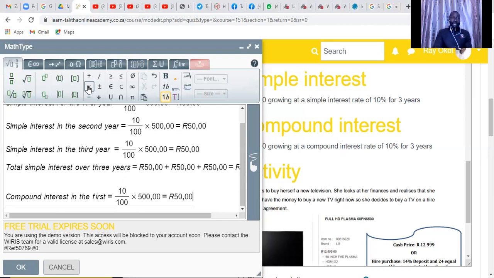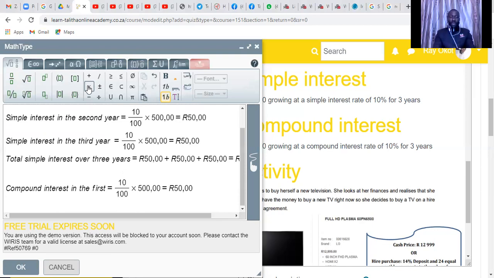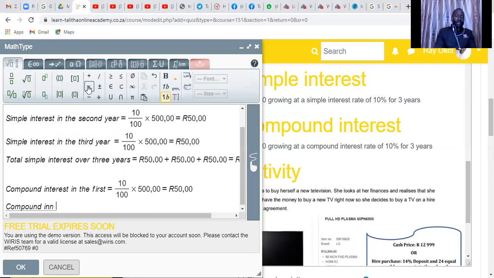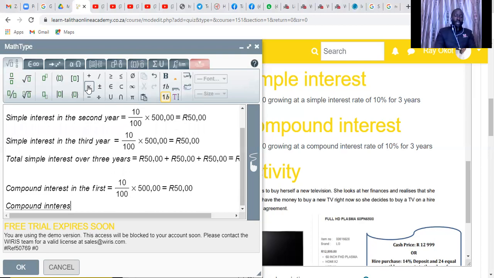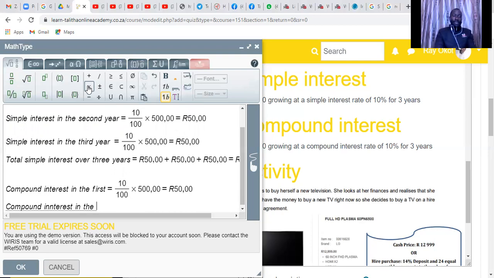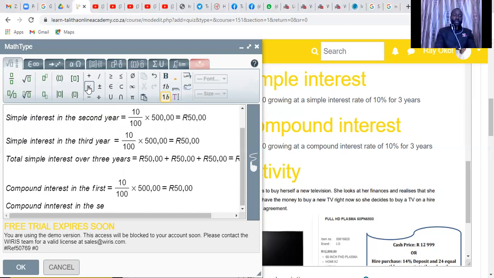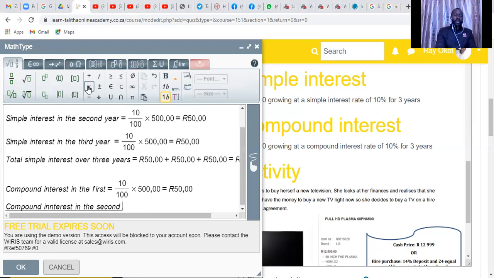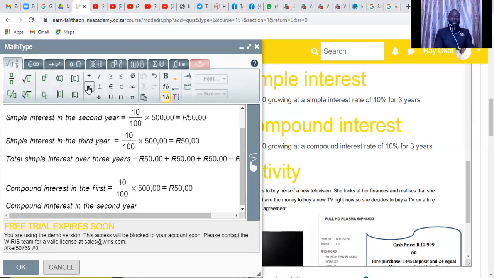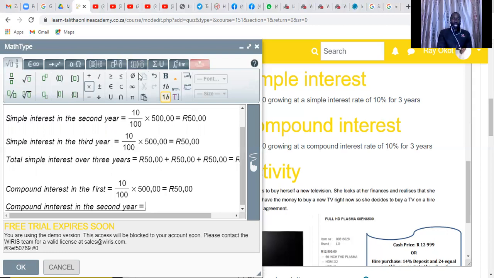Now, in the second year, how do we calculate that? Well, let's add this amount of money, which is the interest, onto the original amount of money that we had.